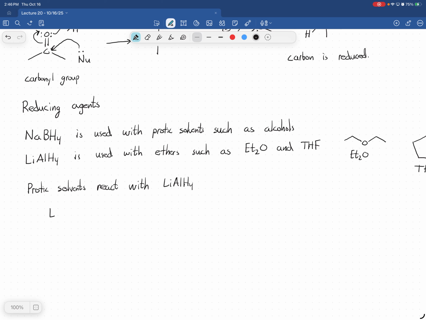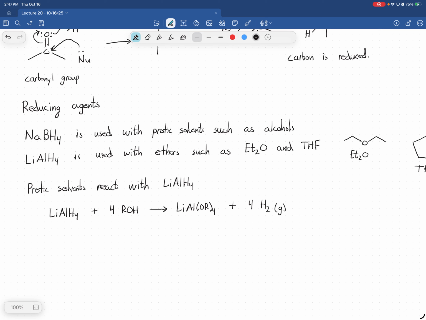LiAlH4 is so reactive that if you have any alcohol or water present, it will react to form your lithium salt. But you're also going to form 4 molar equivalents of hydrogen gas. And if you have oxygen there, it's going to explode. So that's why you have to be careful of that.